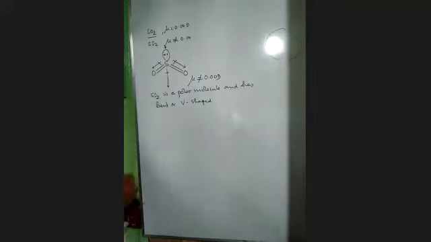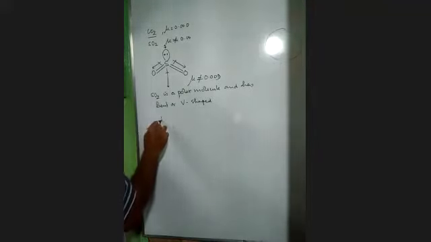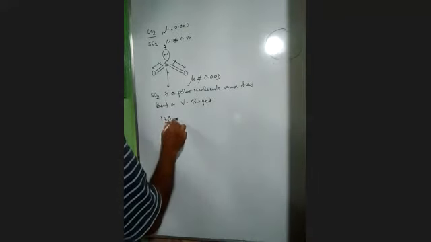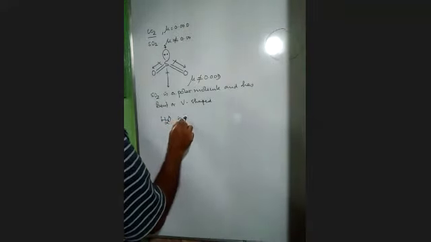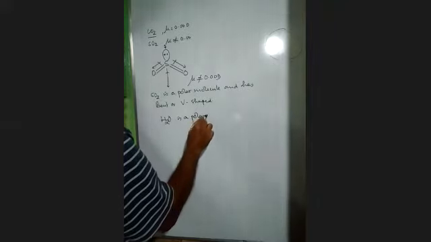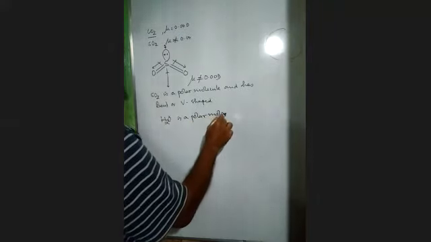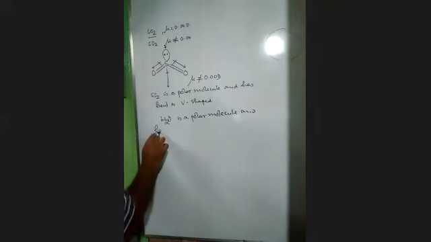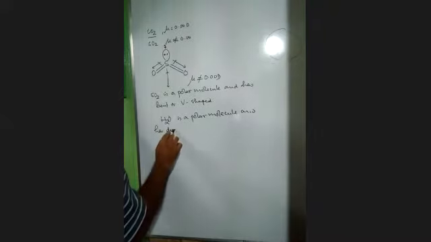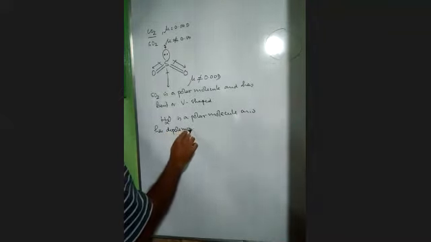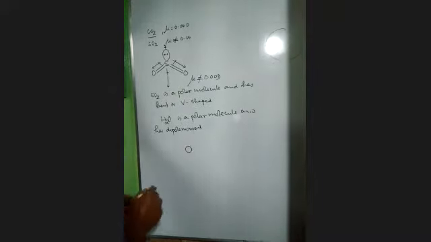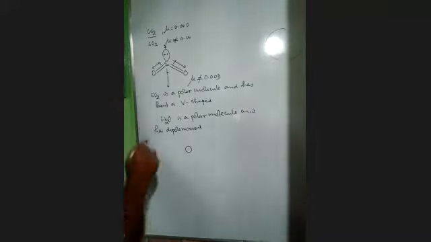Let us take the example of H2O. I have been telling you what a polar molecule is, then how to prove what a polar molecule is? Water is a polar molecule and has a high dipole moment. Why? See here, oxygen has 6 electrons.